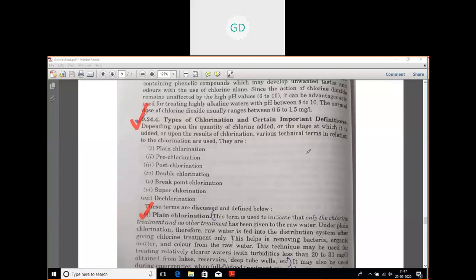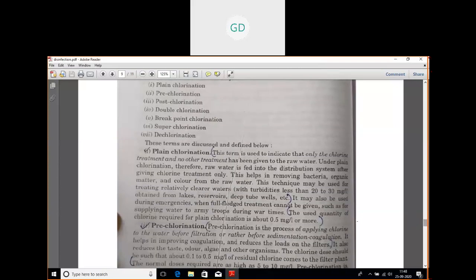Clear? And this plain chlorination removes bacteria, organic matter, and color from the raw water. This technique is used only when the water has a turbidity less than 20 to 30 milligram per liter. That means the water is quite clear from before itself, it doesn't have that much turbidity or color.